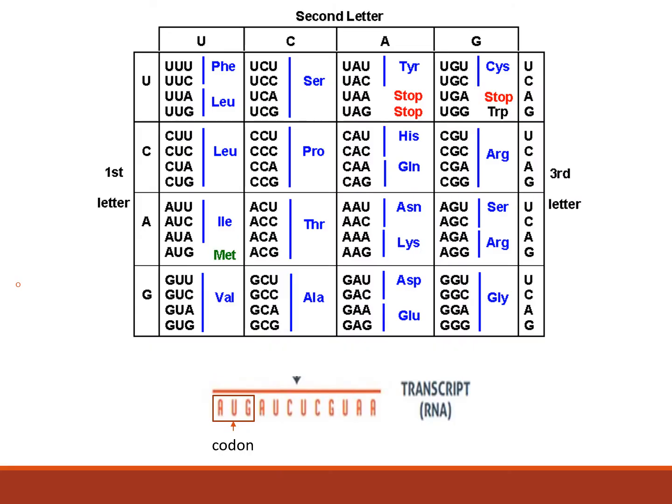To figure out what each codon means, we need the secret code, which is going to be the codon chart. So in our example here, AUG is our codon. So we have to look at the first letter first, which is adenine, and we're going to start on the left-hand side of our chart. And we look for adenine. So we've got uracil, cytosine, adenine.